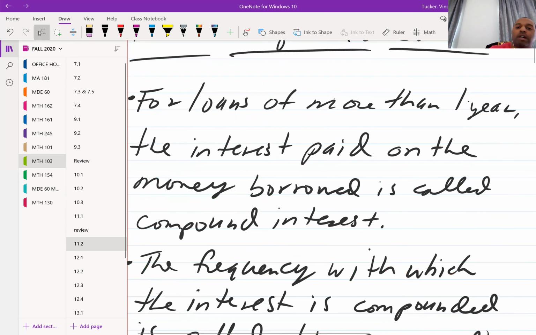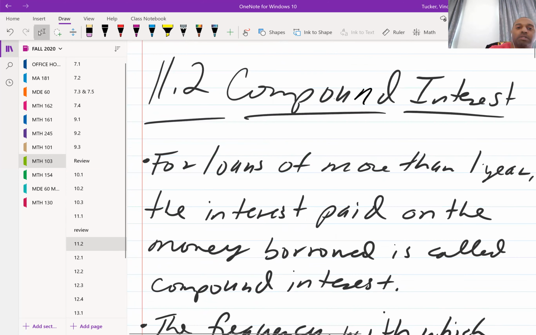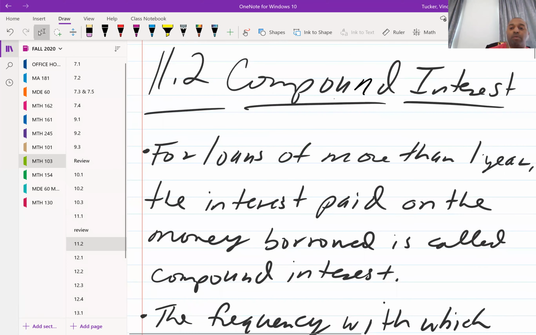Go all the way to the top. Okay, so same type of deal, just that we're looking at compound interest. For loans of more than 1 year, the interest paid on the money borrowed is called compound interest.